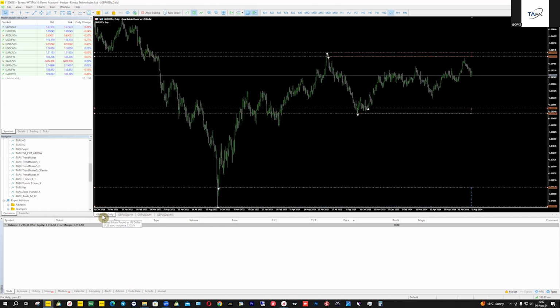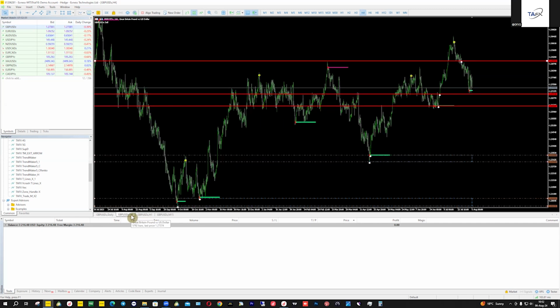So we don't detect the change of character from big time frame. If you want to know if there will be a strong pullback, we can only spot that in small time frame. Simple as that. I know some of you are saying, oh my friend, this is a lot of work.